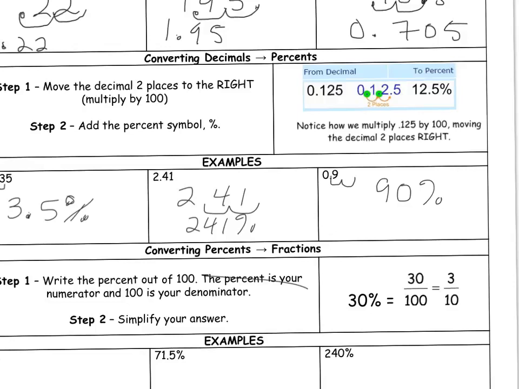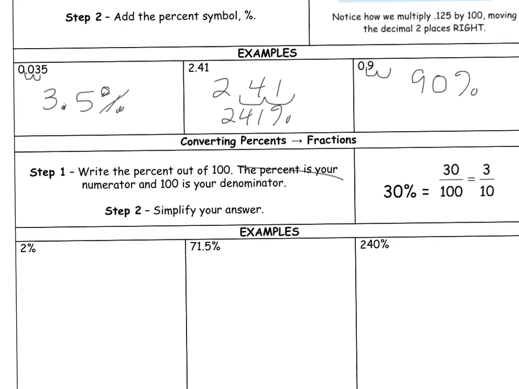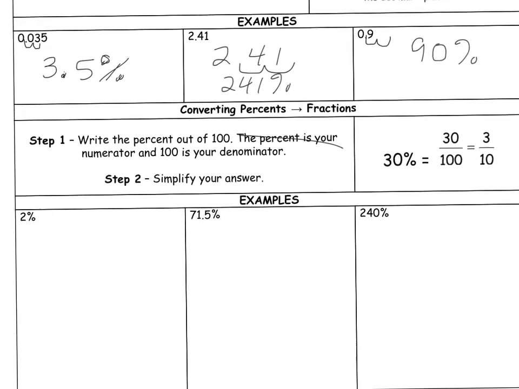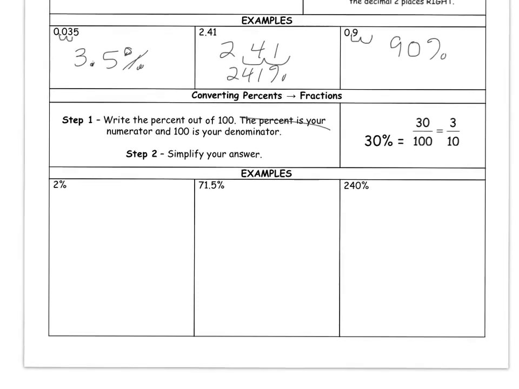Okay. So how do you convert percents to fractions? Well, step 1, you're going to write the percent out of 100. The percent is your numerator and 100 is your denominator. And step 2 is to simplify your answer. Okay, so 2%.